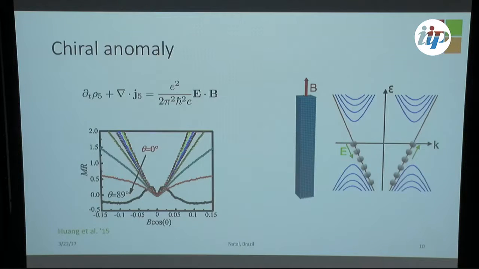The chirality of the Landau level is connected with the chirality of the Weyl node. So in the simplest case, you have two counter-propagating ones, and then if you apply a constant electric field, what you effectively have is a position-dependent occupation of the two chiral Landau levels.